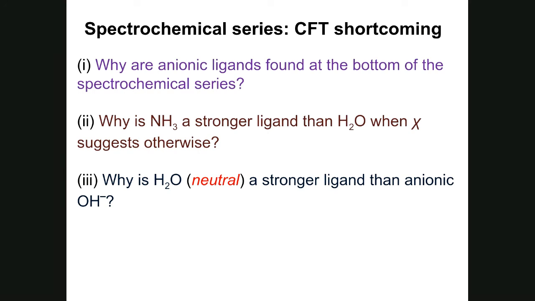So if you look at the position of the donor atoms in these two ligands here, ammonia donates through nitrogen, and H2O donates and attaches to the metal through oxygen. And if you look at the periodic table, oxygen is to the right of nitrogen, which means oxygen is more electronegative. And as a result, the most electronegative atom was supposed to interact with transition metals significantly. But that is not the case, right? So that is one of the anomalies, and they are explained by the ligand field theory.